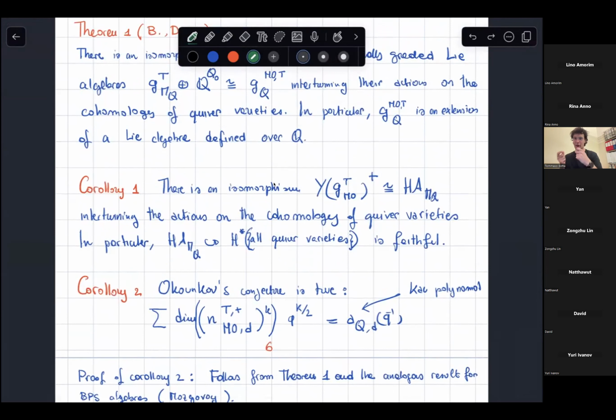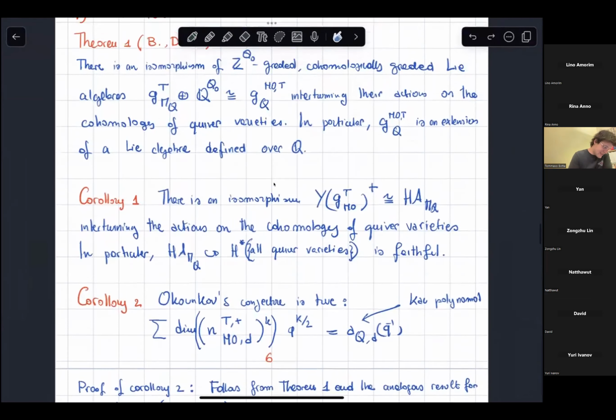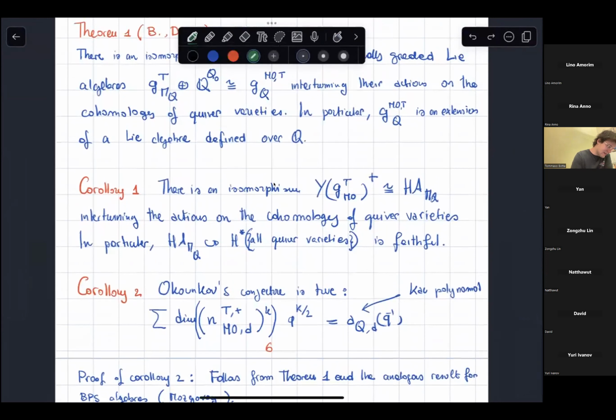The Maulik-Okounkov Lie algebra has two gradings. One is the cohomological grading, and the other is the grading by the dimension vector of my quiver representation. K is the cohomological grading, and D is the dimension vector.